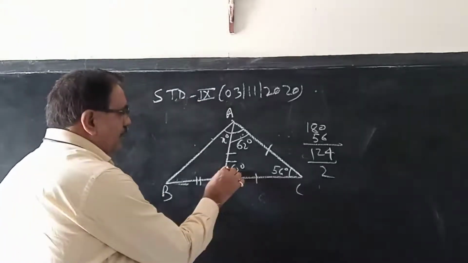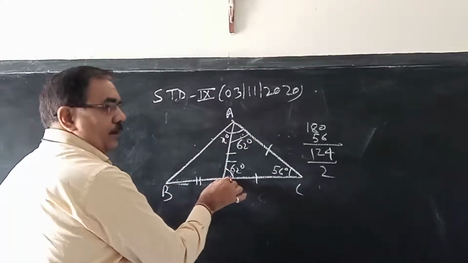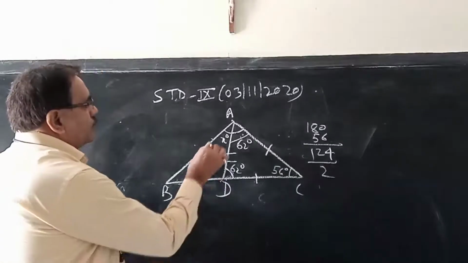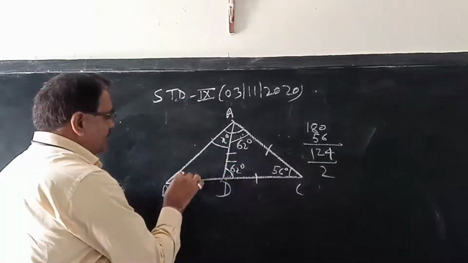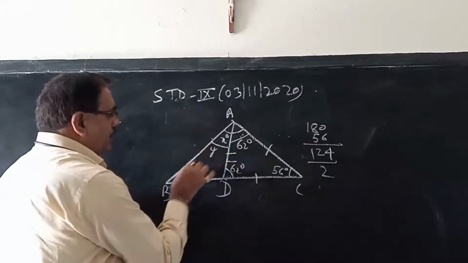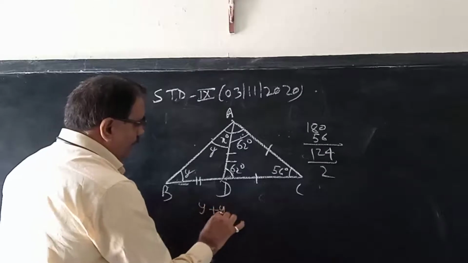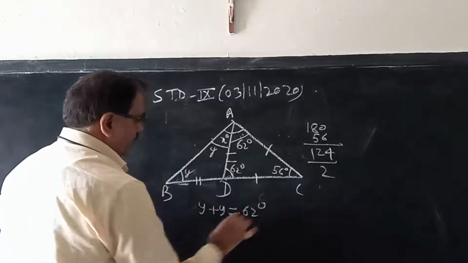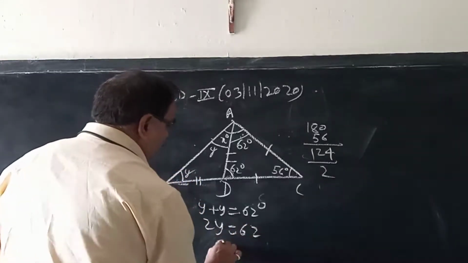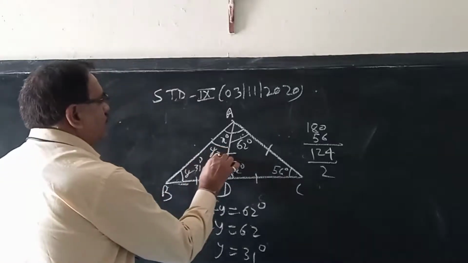Angle ADC is the exterior angle for the triangle ABD, and the exterior angle will be equal to the sum of the opposite interior angles. So this angle and this angle sum will be equal to 62. Let this angle be y, then this will also be y. So y plus y is equal to 62 degrees. So 2y is equal to 62 degrees. So y is equal to 31 degrees. This is 31 degrees, and this is also 31 degrees.